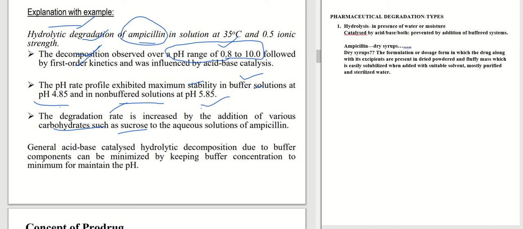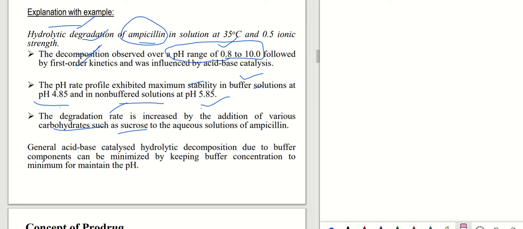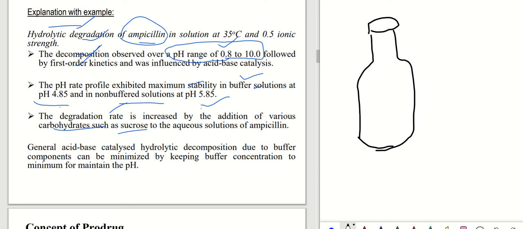Now here the powder mass will be lyophilized, freeze dried, and that kind of powder is packed inside a bottle. Let me show you. So we are discussing dry syrups, and if this is a bottle, in this we will have a dried mass, which is lyophilized, freeze dried, a fluffy mass of drug along with the excipients and coloring agents, preservatives, all that stuff.